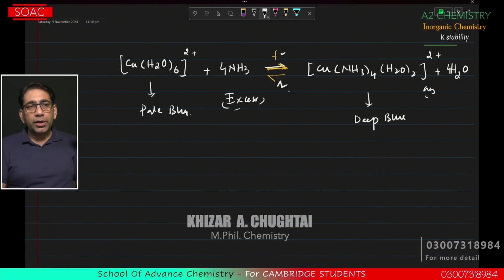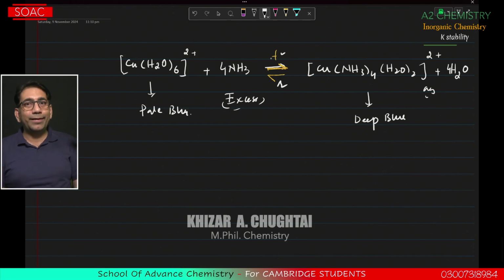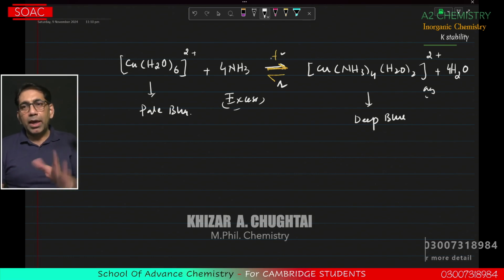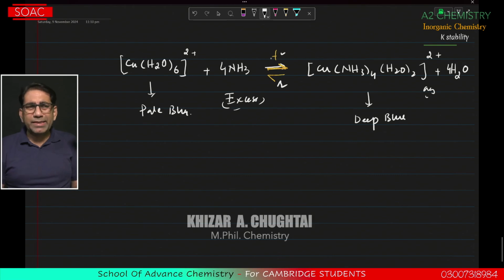As you know, we can find an equilibrium constant for all types of reactions where there is dynamic equilibrium. That may be in the form of Kc, the equilibrium constant in terms of concentration, Kp, the equilibrium constant in terms of partial pressure, Ksp, and so on.